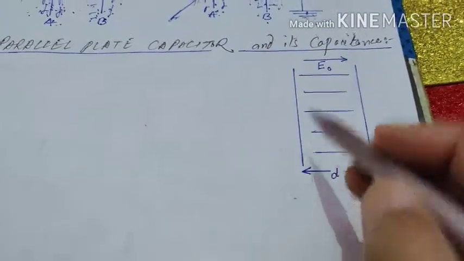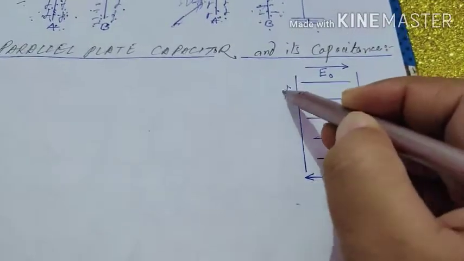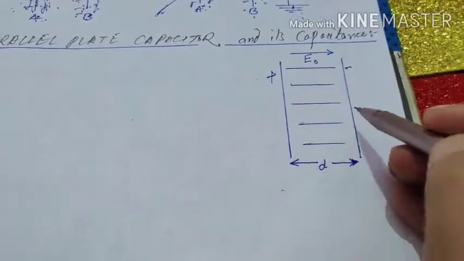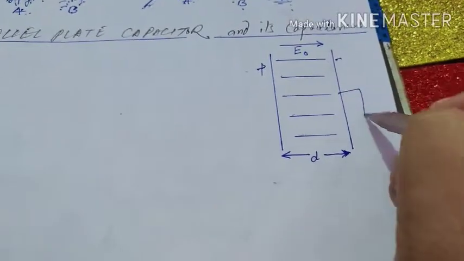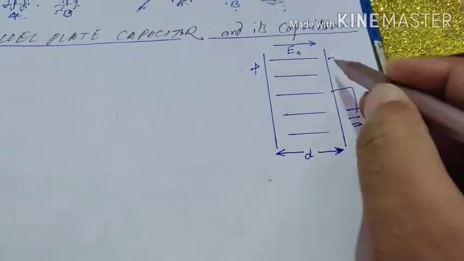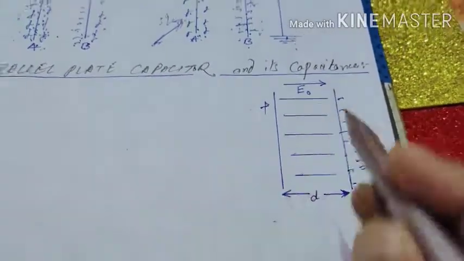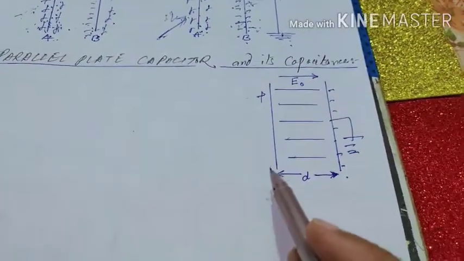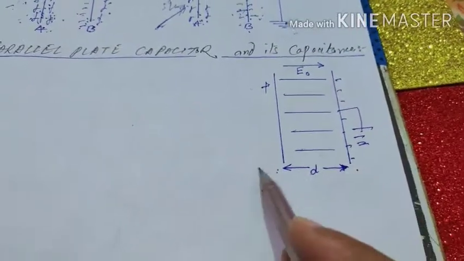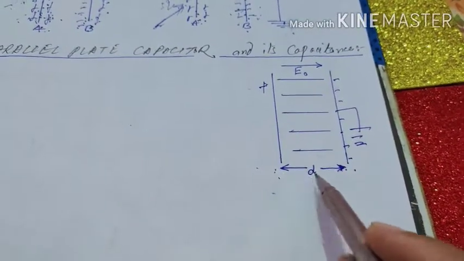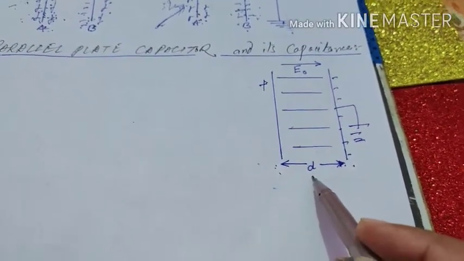Now a parallel plate capacitor, that I have already told you, consists of two plates. One is positively charged, the second is negatively charged. In fact, it was positively charged, but when it was connected to earth, only negative charge stayed on it. So for a capacitor there are two plates, one positive and another negative, and let D be the separation between them.